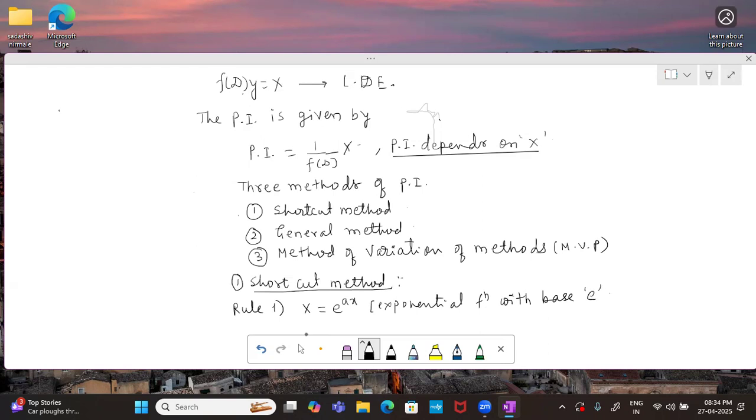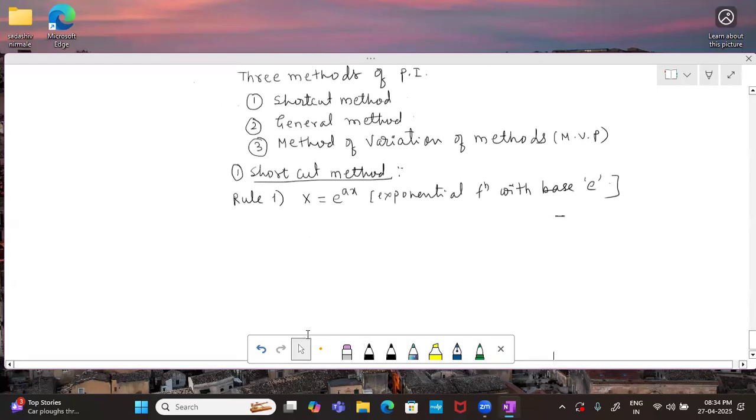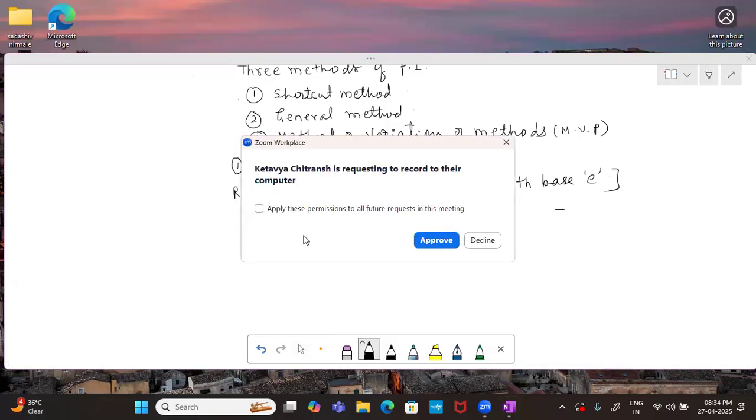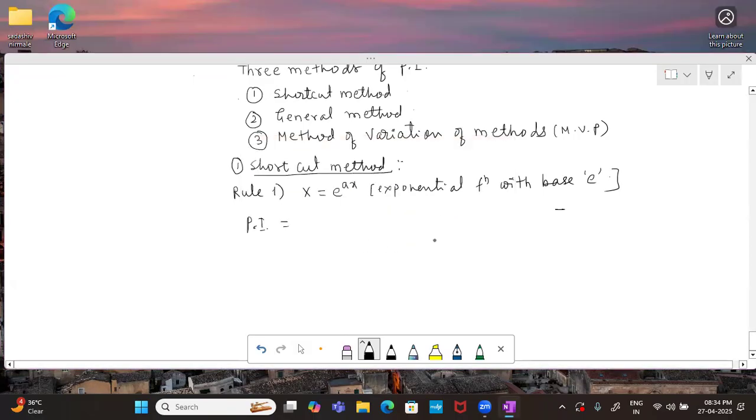This is the exponential function, and PI will be given by PI is equal to 1 upon f of D, capital X. What is capital X? Capital X is e raised to x.